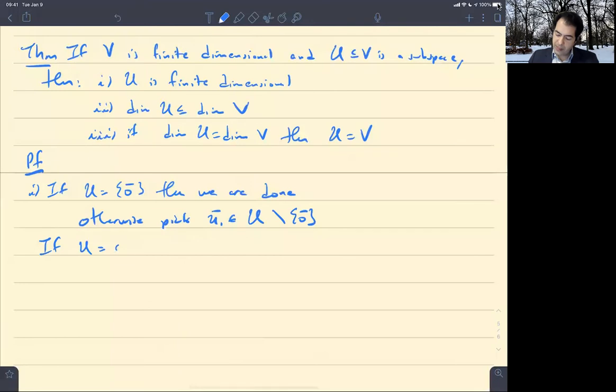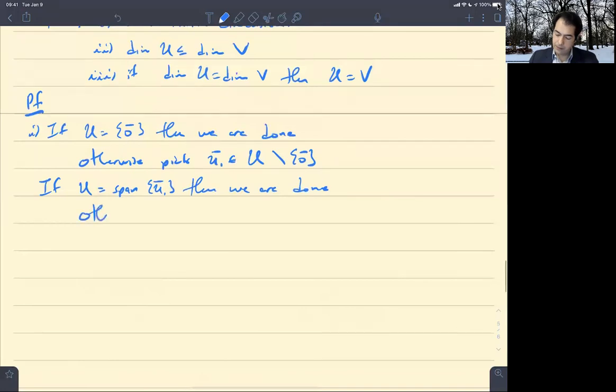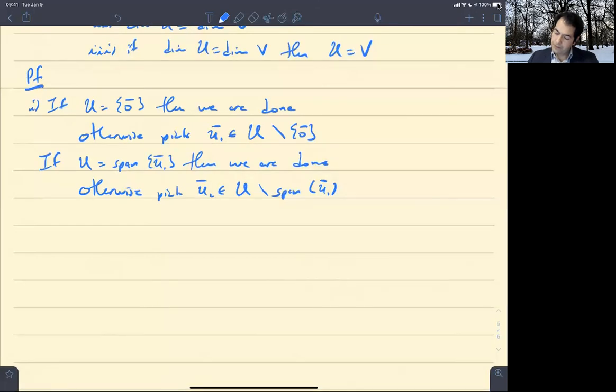If U is equal to the span of U1, then we're done. Otherwise, pick U2 inside U minus the span of U1. Right? And note that the list U1, U2 is linearly independent.